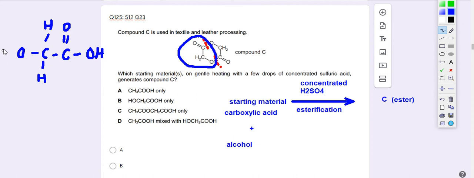Now the O came from an alcohol, so we give it back the H. So this will be the starting material.